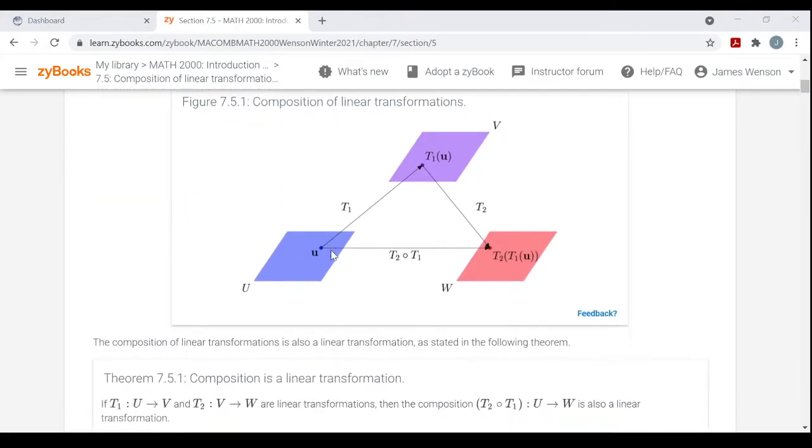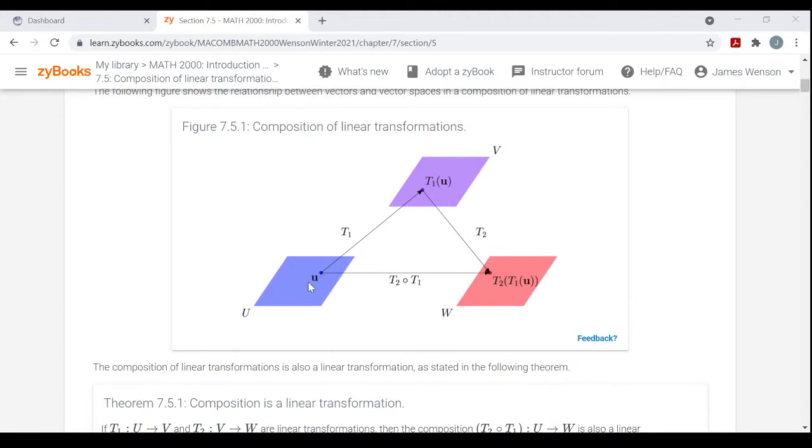And they have a little picture here showing you what's going on. Say this blue area represents vector space U, where I'm taking a vector from that, sending it through transformation T1 to T1 of U, which belongs to vector space V. And then vector space V was the domain of T2, so I take that vector from V, this T1 of U, run it through T2 and get a vector from space W, which was the codomain of T2.